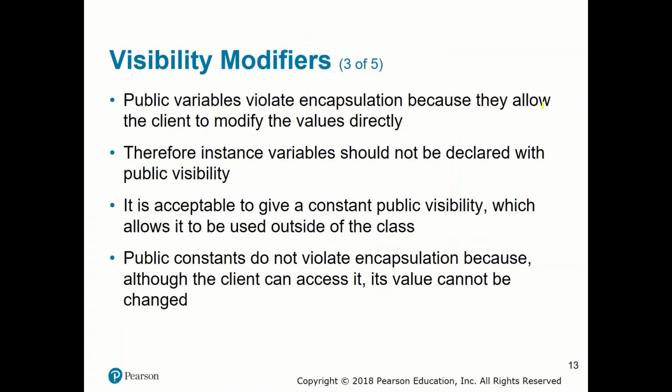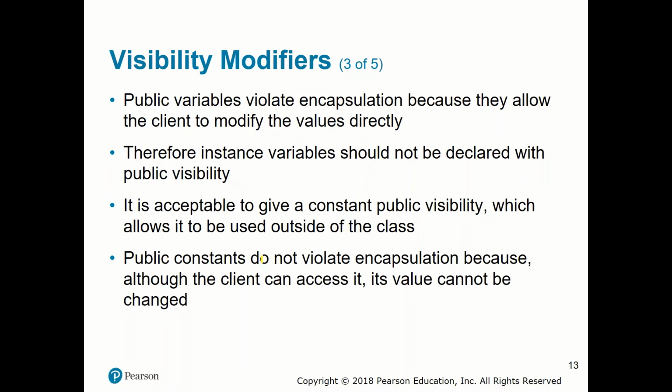Public variables violate encapsulation because they allow the client to modify the values directly. I think you understand this one. Therefore, instance variables should not be declared with public visibility. It is acceptable to give a constant public visibility, which allows it to be used outside of the class.